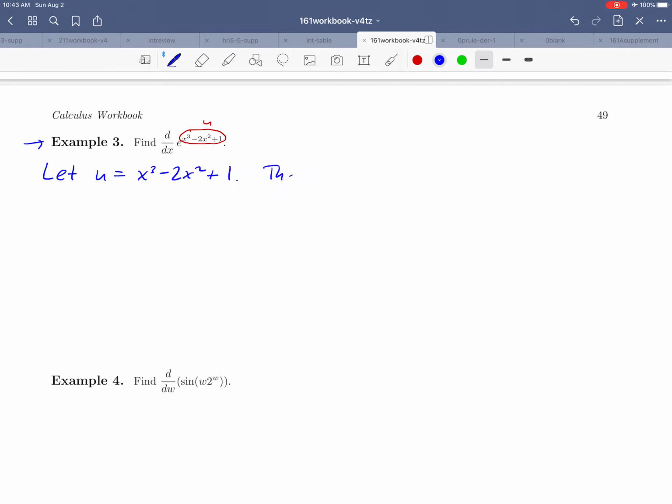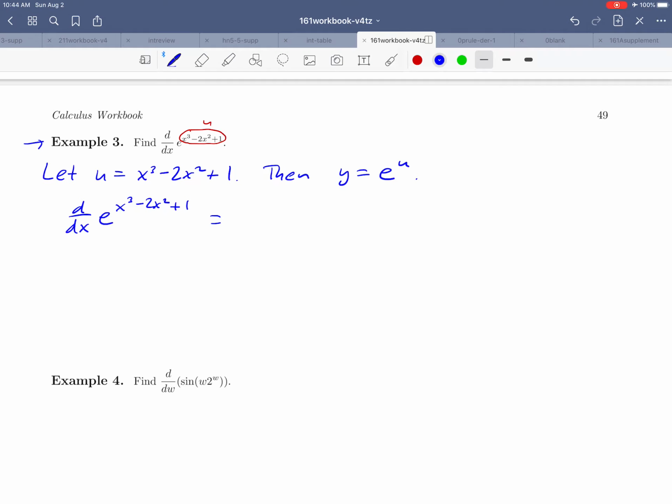If we do that, then our whole function becomes e to the u, since we renamed that whole exponent u. The derivative that we're trying to take, dy dx, is going to be the same two-step process that we did before.